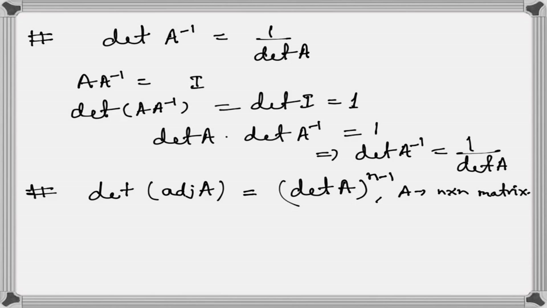This is also not very difficult to prove. So I think these are more or less the properties which we will be using when we solve the problems related with determinants and matrices.